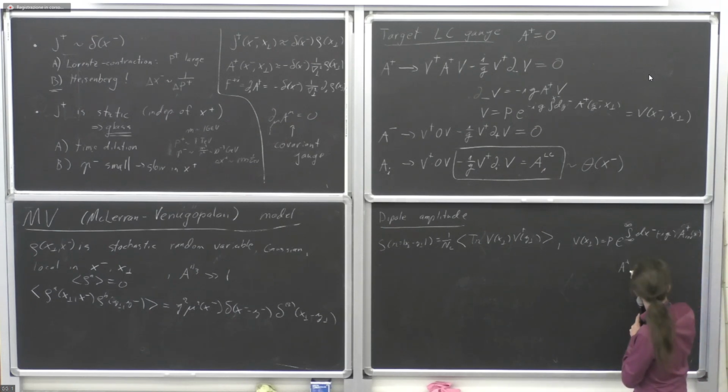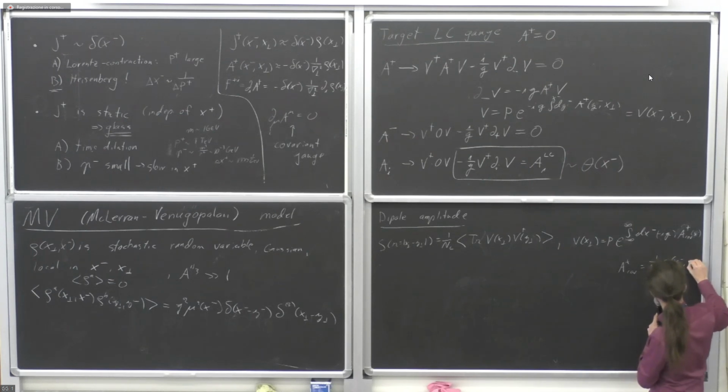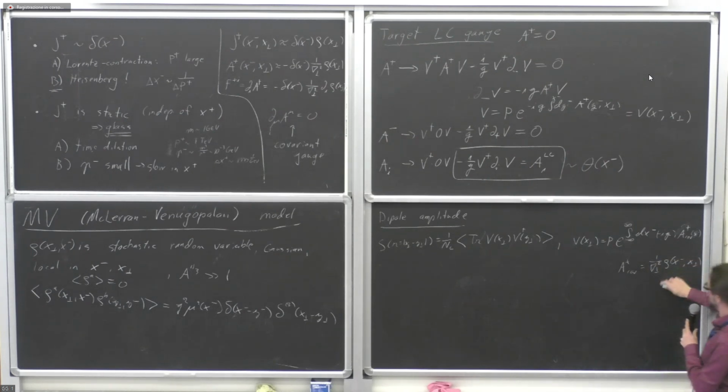A plus covariant is 1 over nabla perp squared rho of x minus and x perp. I'm keeping an x minus dependence everywhere because I need to make sense of this path-ordered exponential, but in the end we're going to think of this as a rather delta function-like thing.